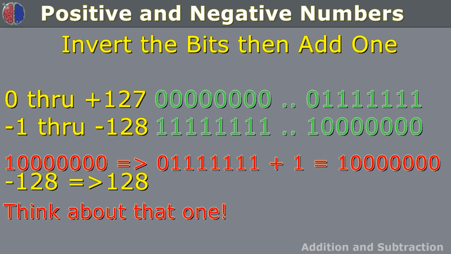So we're showing that a negative 128 on the left as a signed byte is equal to 128, or converted to 128 as an unsigned byte. Something to think about. So when you convert to unsigned, you have to treat that byte as unsigned. When you convert the positive to the negative, you have to treat the resulting byte as signed.